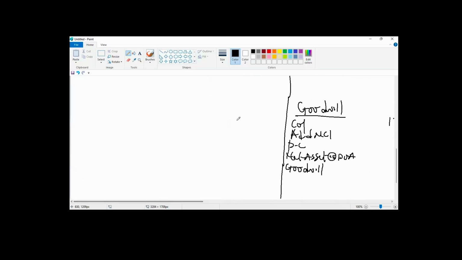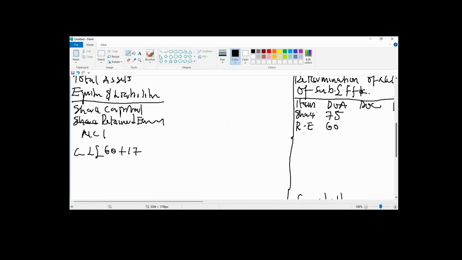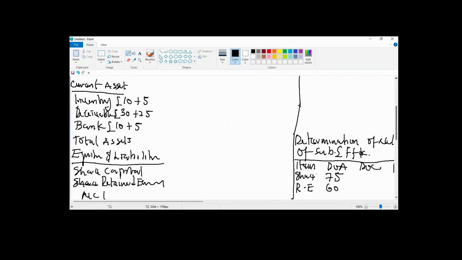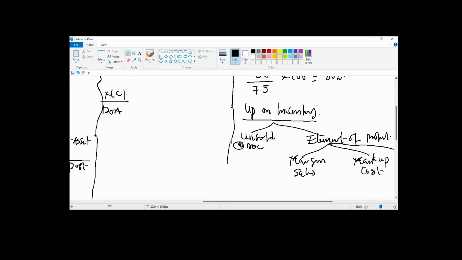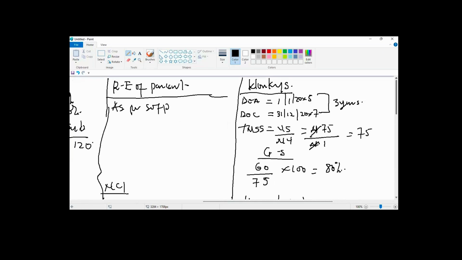Unrealized profit on inventory, consolidated inventory, minus one. I'll go to retained earnings of the parent because he's the seller. Unrealized profits on inventory. That's all. Any question for me before I proceed? Any question?